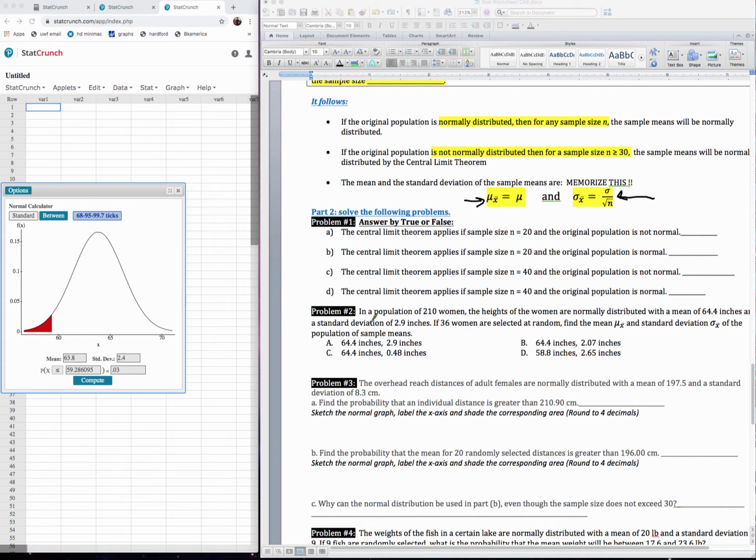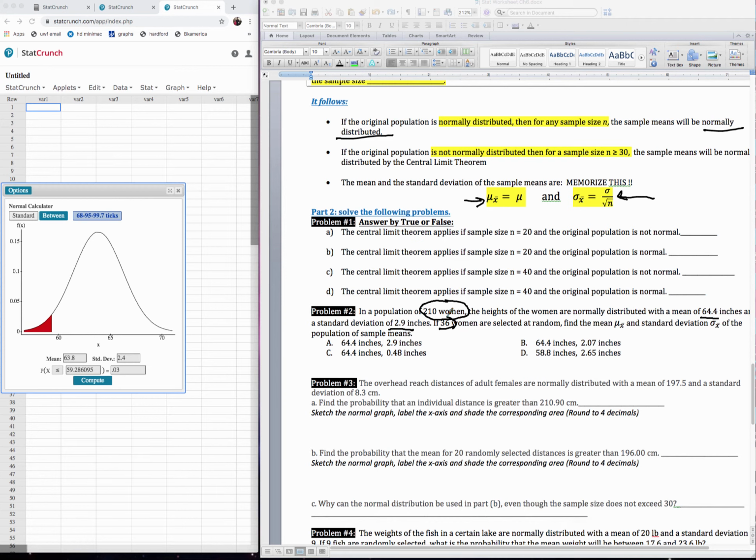Okay. In a population of 210 women, so that's your population. The heights of women are normally distributed. So they just told us that the population is normal. Okay, if 36 women are picked, they give us the mean and they give us the standard deviation.